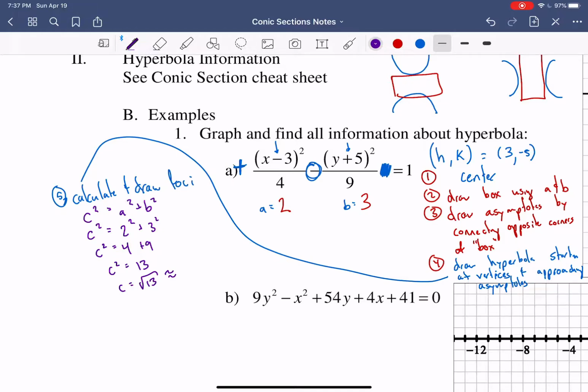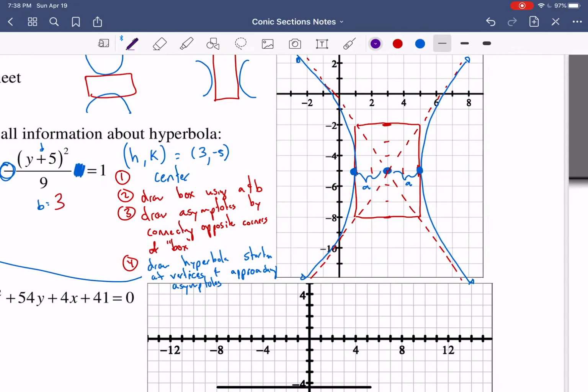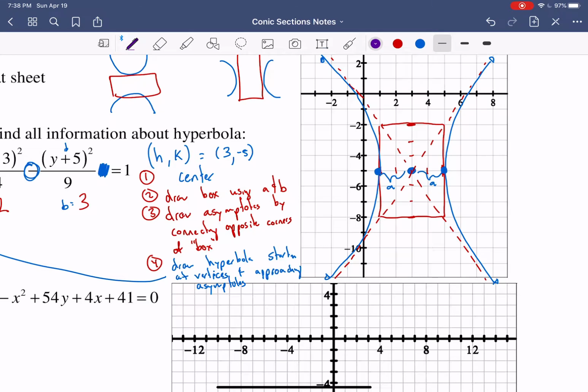So in our calculator, we would get the square root of 13 is about 3.61. And that means because we're opening up left and right, we're also going to go left and right for our foci. So we count 1, 2, 3.61. That's one of our foci. From the center, 1, 2, 3.61.